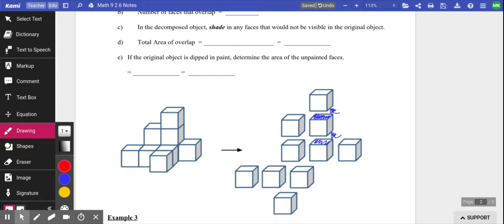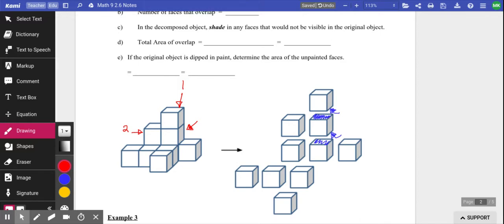So if we're looking at this square, maybe this will help. For each square, let's see how many sides are overlapped on it. So looking at that square, how many sides are overlapped on it? One. Looking at this square right here, how many sides of it would be overlapped? Two. Awesome. Looking at this square right here, that would have the bottom and the side.